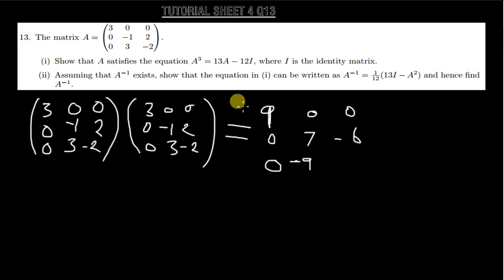So this will be 0 times 0 to give me 0, 3 times 2 to give me 6. So 6 plus negative 2 times negative 2, that's 4. So 6 plus 4, you get your answer to be 10. So this is the one that we should now multiply with another same matrix as this one.